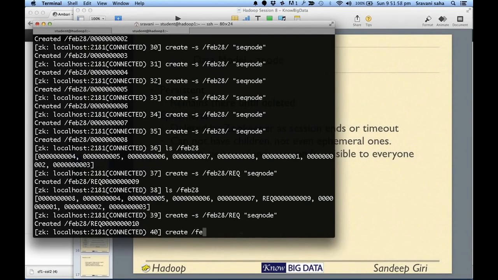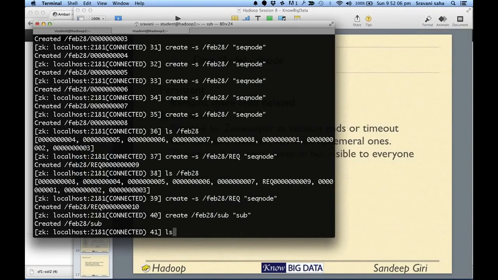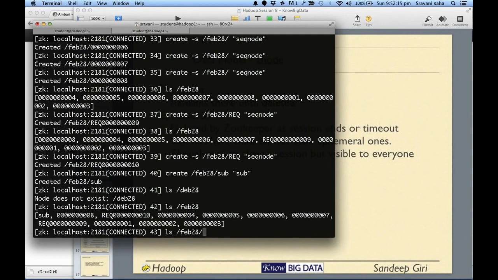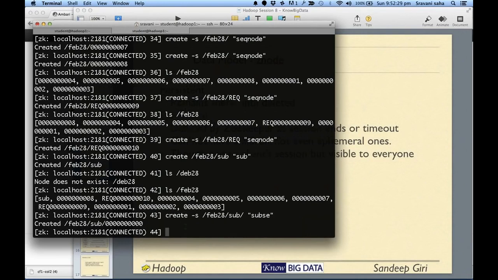If you create another node under Fab28, let's call it sub, and just give it some name. So if you can see that Fab28 has one more node called sub, and under sub, if we try to create the sequential node, the counter will again start from 0.